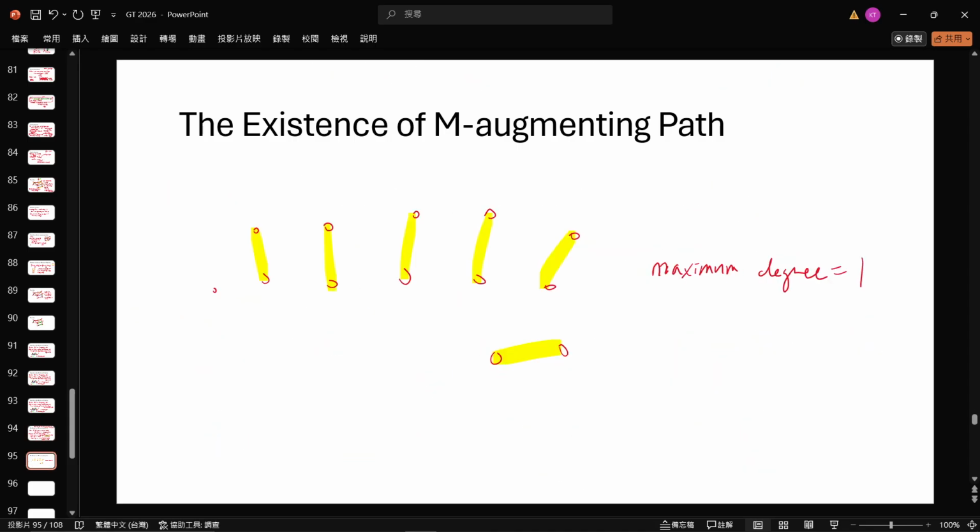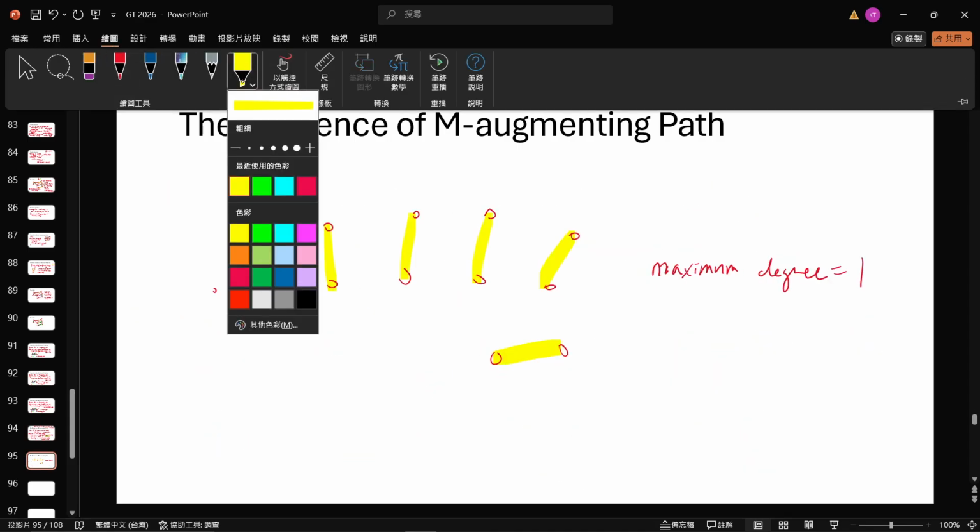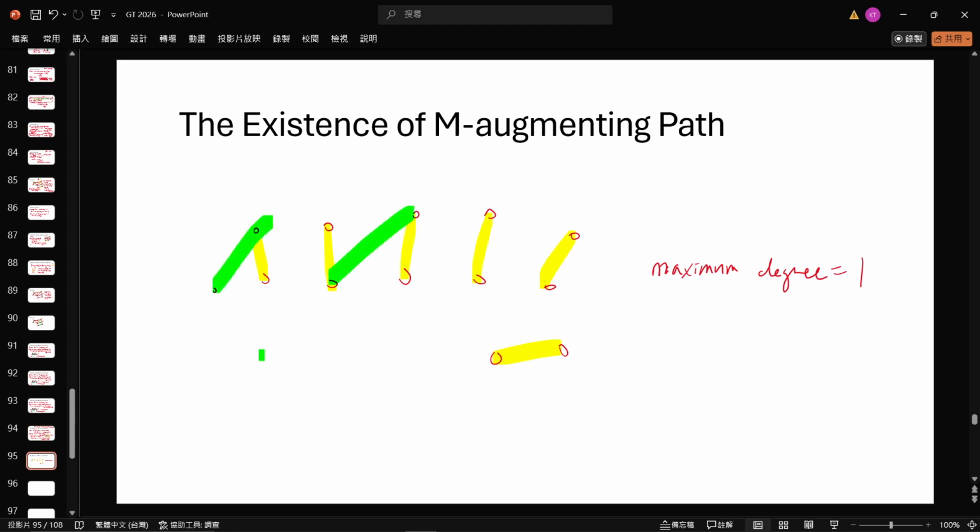So if I have a second matching, like this, then what is the maximum degree? 如果有2个 matching 的话，degree 是多少？Right, because we have 2 matchings, and if we only consider the green one, the degree is at most 1, and if we only consider the yellow one, the degree is at most 1. So combining them, you get 2.